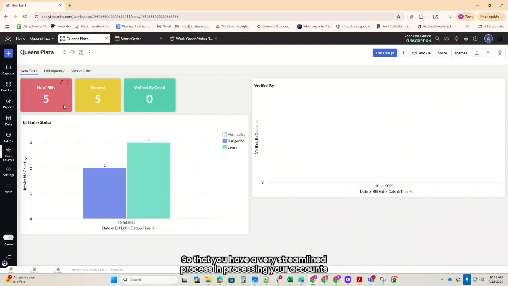So that you have a very streamlined process in processing your accounts payable and accounts receivable. Accounts receivables or accounts payables, it could be in any format. You could get your invoices in email, Google Drive, in any other format, or in WhatsApp, SMS, phone calls. These are all collected, entered into the system, and you can keep track of your accounts receivable and bill payment in this one matrix. This is another metric that we follow.